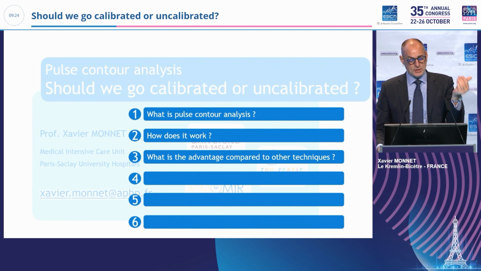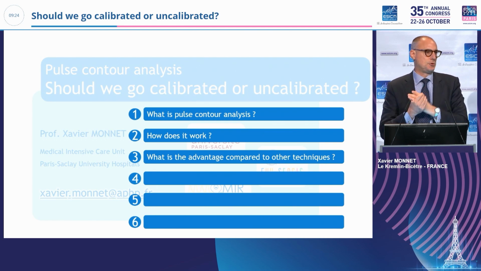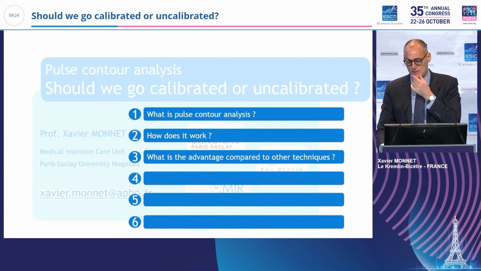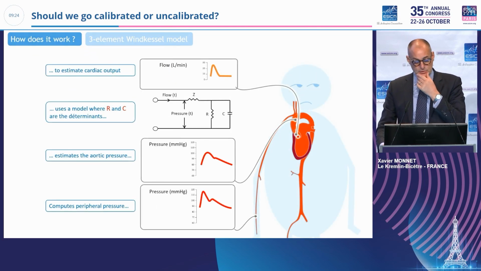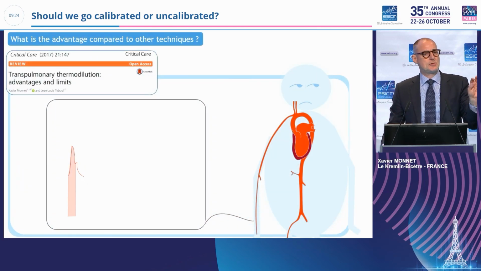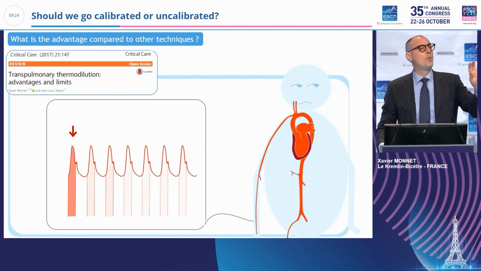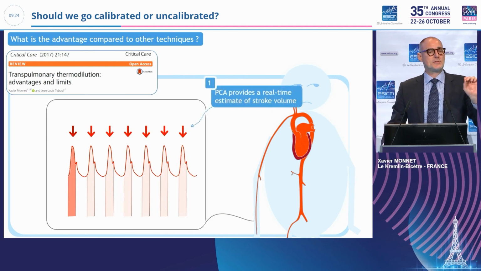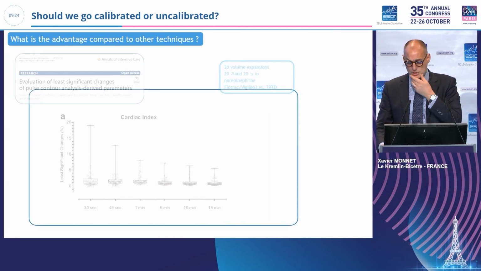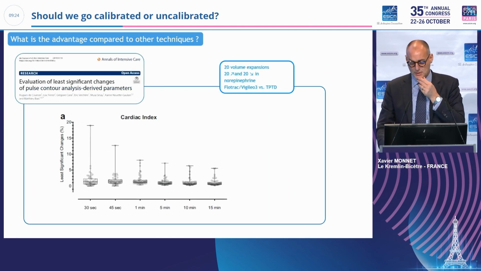So, what is the advantage of pulse contour analysis compared to other techniques? There are 2 advantages. The first one, you understood that stroke volume is estimated from one pressure beat, which means that these devices provide stroke volume for each arterial beat.